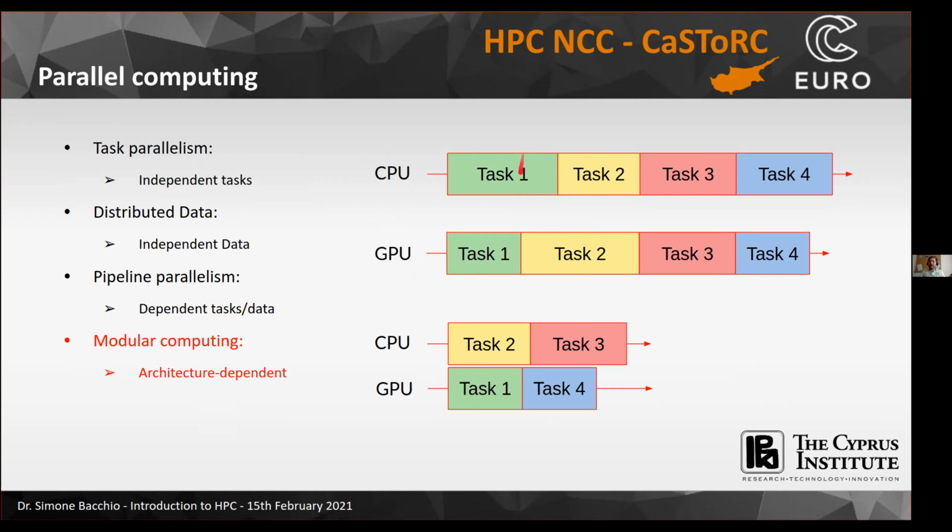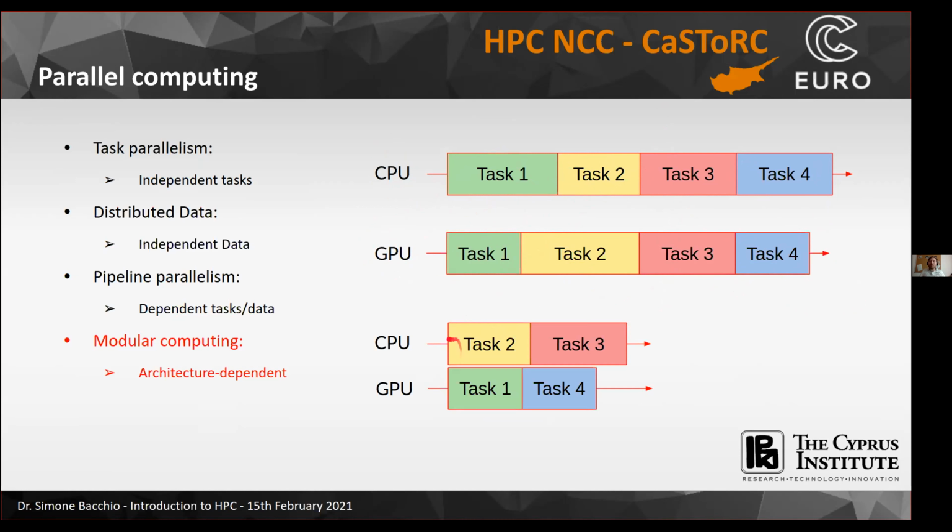So for instance, here I'm considering some tasks run on both CPU and GPU. We suppose that, for instance, the GPU is faster on doing task 1, maybe much faster than the CPU. But on the other hand, the CPU is faster than the GPU on doing task 2. Task 3 takes the same time on both, and here the GPU is faster on doing task 4.